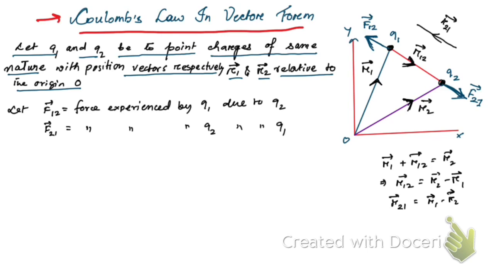Then, according to Coulomb's law, let me mention one more thing: r12 is equal to r2 minus r1.